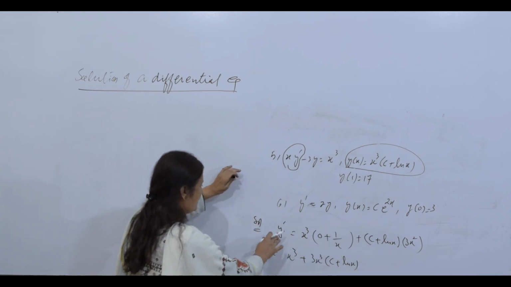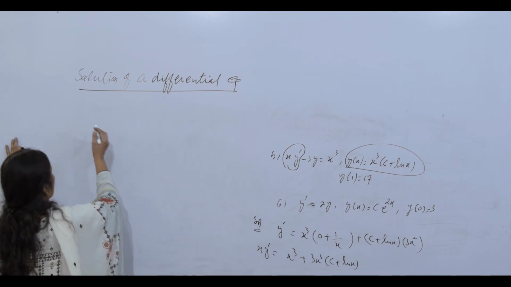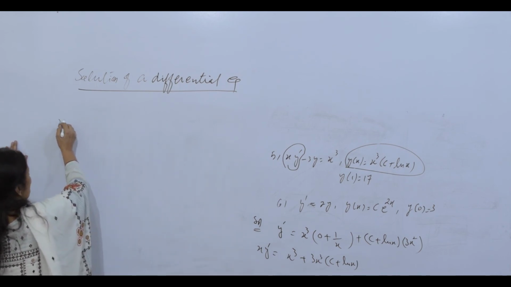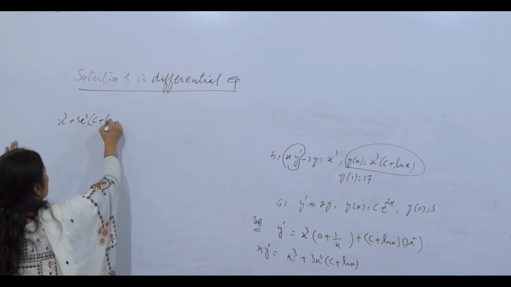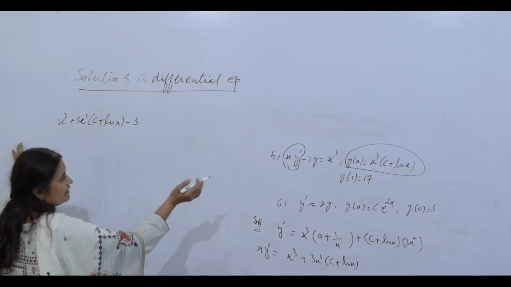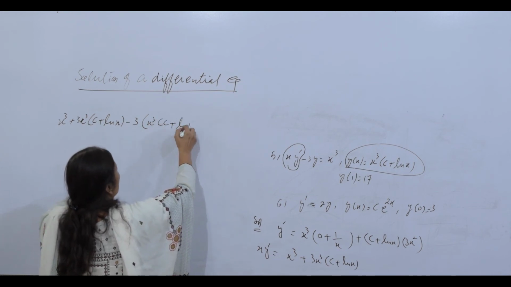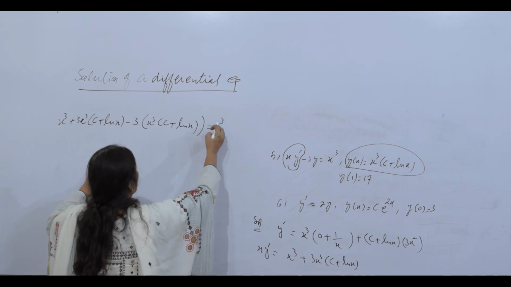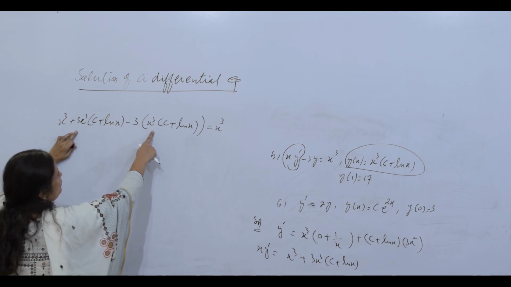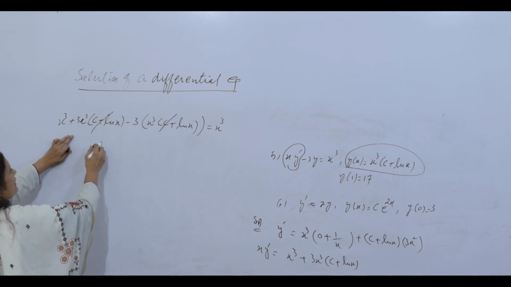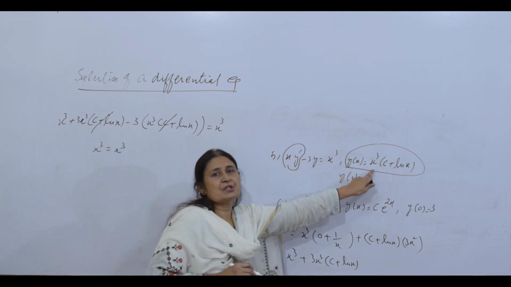Now I am putting in this equation: x y dash, which is x cube plus 3x cube (c plus ln x), minus 3 times y, and y is x cube (c plus ln x), bracket closed, is equal to x cube. So this is 3x cube (c plus ln x), this is minus 3x cube (c plus ln x). This cancelled and you are left with x cube equal to x cube. It means this equation is satisfied. So this given function is a solution.